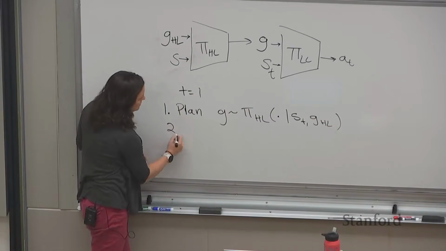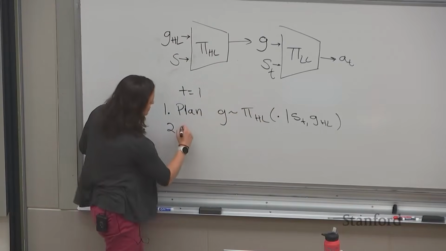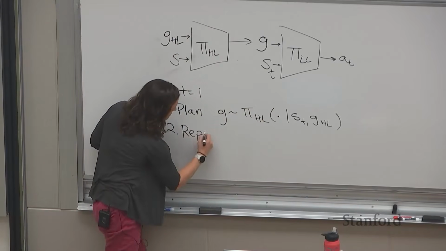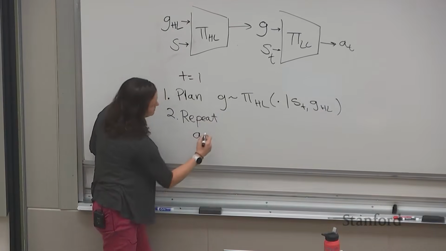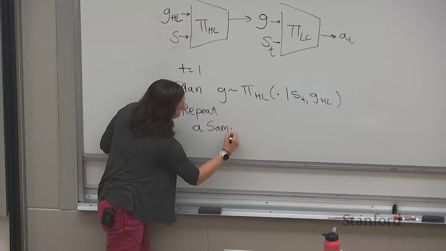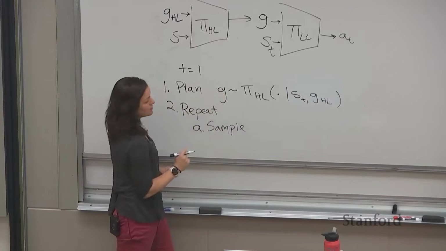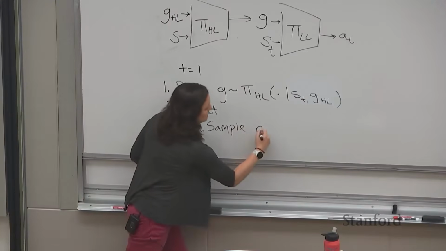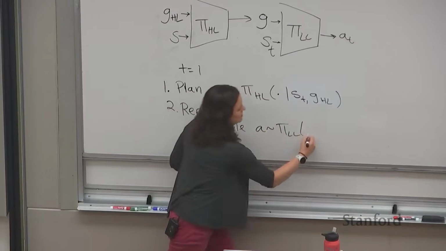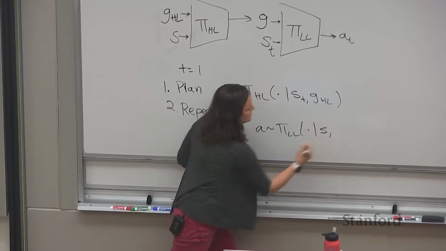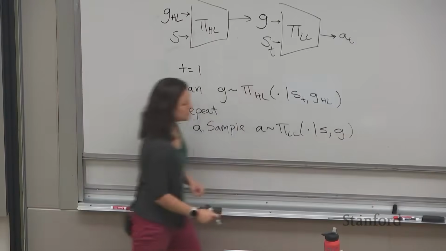And then we'll be repeatedly sampling from our low-level policy. So we could repeat: first sample an action from the low-level policy using this goal as input. So sample a from pi low-level with the state and this goal, the goal from the high level, as input.